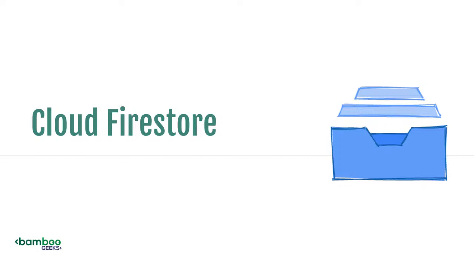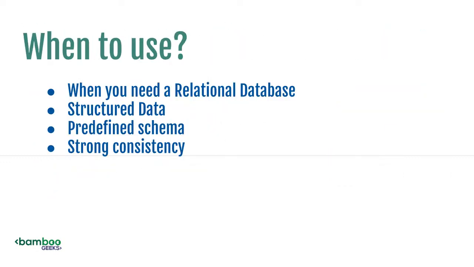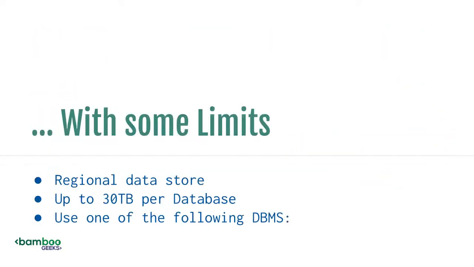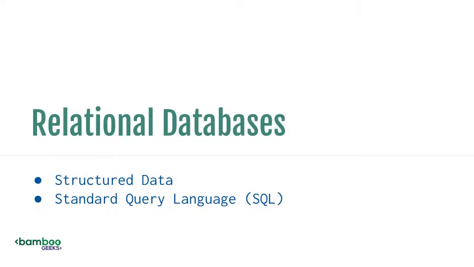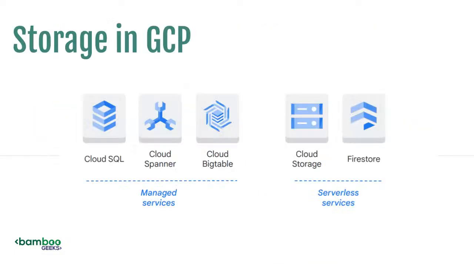Okay, so now that we covered Cloud SQL and Cloud Spanner, let me go back a bit. I said that on the Google Cloud platform, we do have two types of databases, the relational databases and the NoSQL databases.